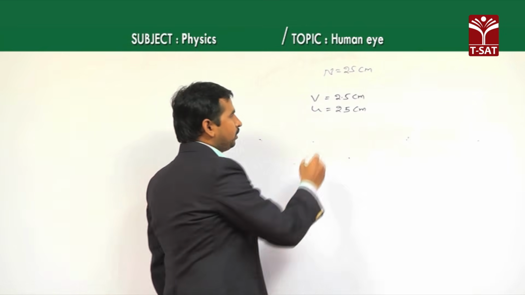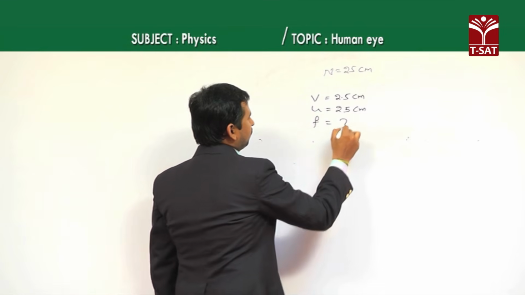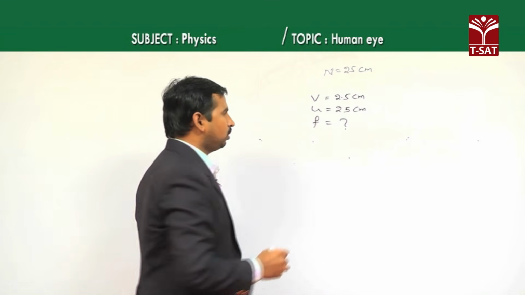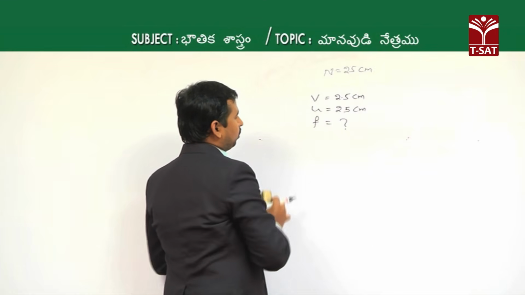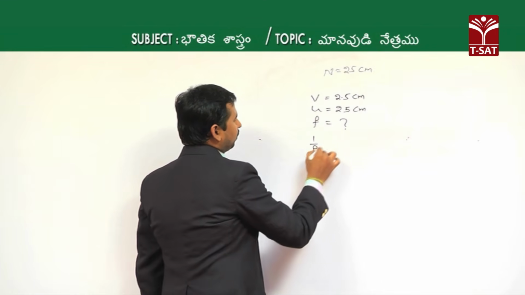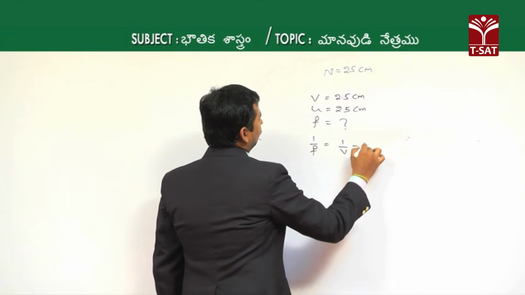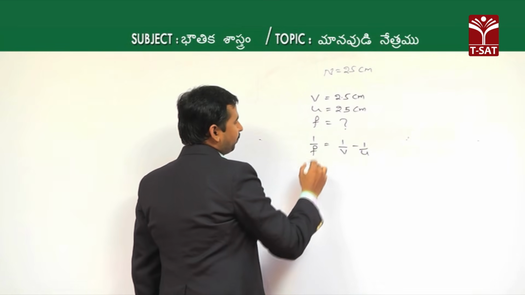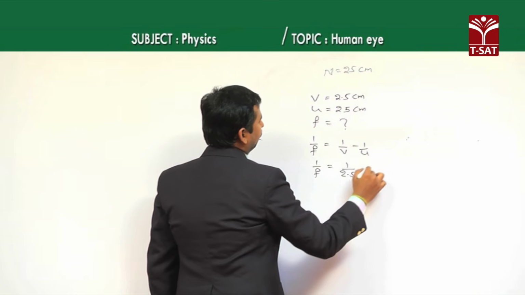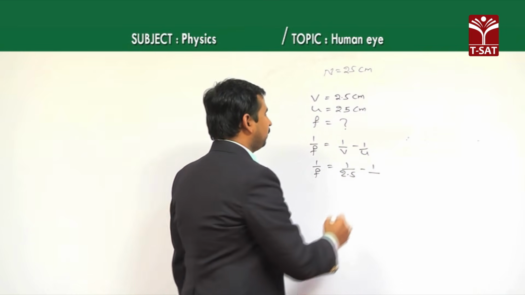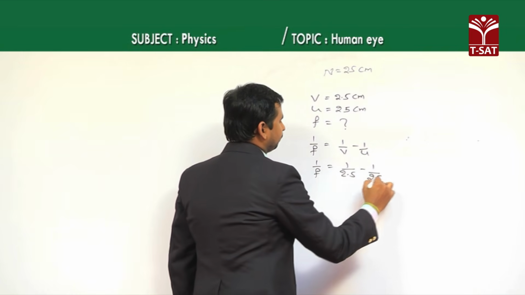And what we need is the focal length here. How much is the focal length? Then we know that 1 by f is equal to 1 by v minus 1 by u for our lens formula. So 1 by f is equal to 1 by 2.5 minus 1 by 25.